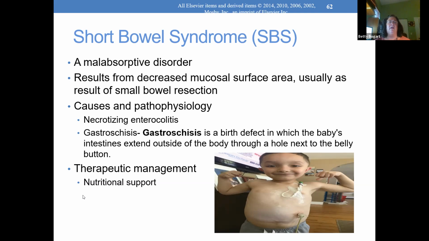Another thing listed here is gastroschisis. There are two things: bladder exstrophy and gastroschisis. Basically, the bladder is born on the outside of the abdomen, or the stomach is born on the outside of the abdomen. These organs still function. The stomach is still connected to the intestines.